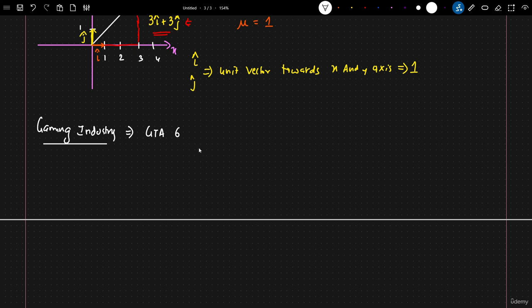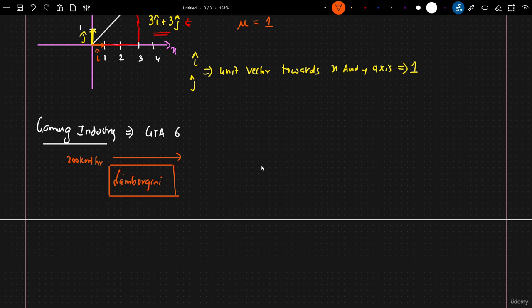But if you have played GTA 4 or GTA 5, I hope you have driven some amazing cars. Let's say I take a Lamborghini and I'm driving in a specific direction at 200 kilometers per hour.